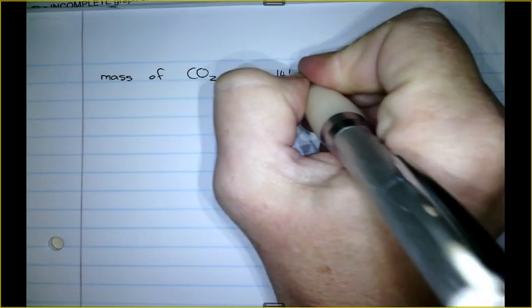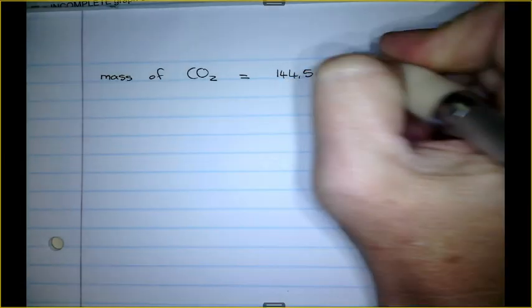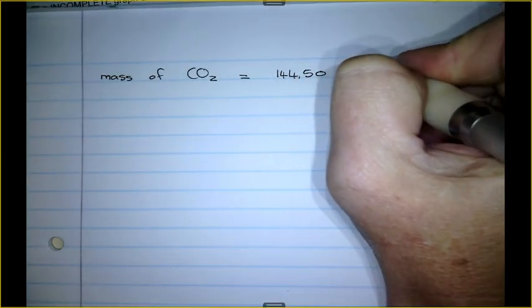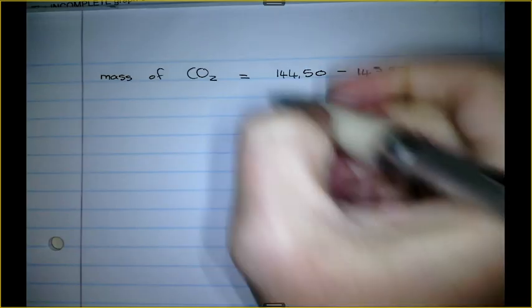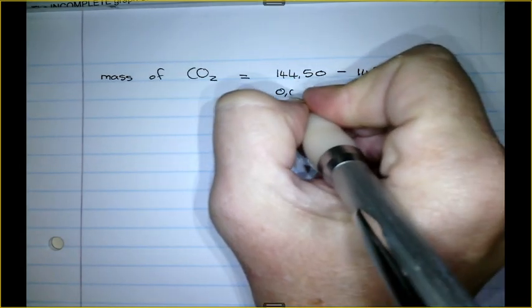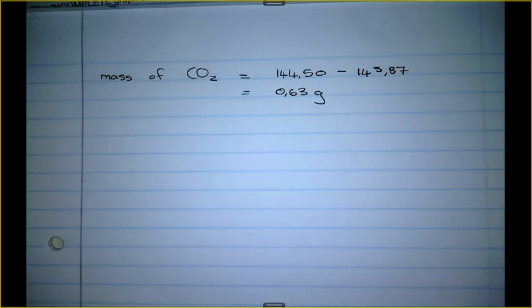Okay, so when I'm thinking about this question, I'm going to say mass of carbon dioxide is equal to, sorry guys, I half scribbled down my thinking here, 144, the initial mass of the container, minus 143,87, the mass of the container and its contents at 120 seconds for reaction B. And when I plugged that into my calculator, I got 0,63 grams.